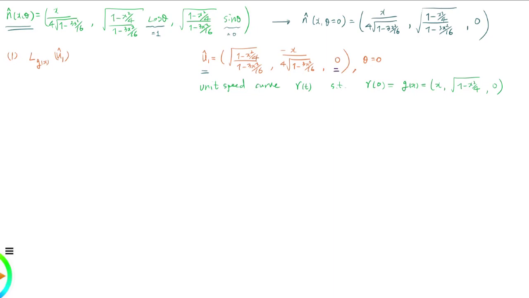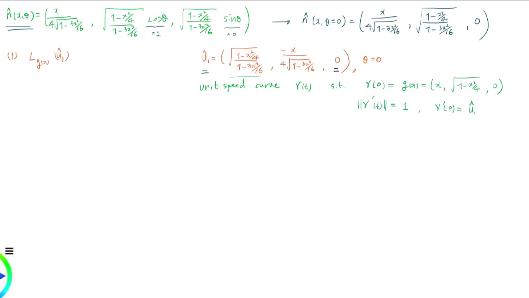And since it is unit speed, take its derivative and take its norm, it should be 1, and the direction when t equals 0 of this derivative will be the same as this u1, since u1 is a unit vector.